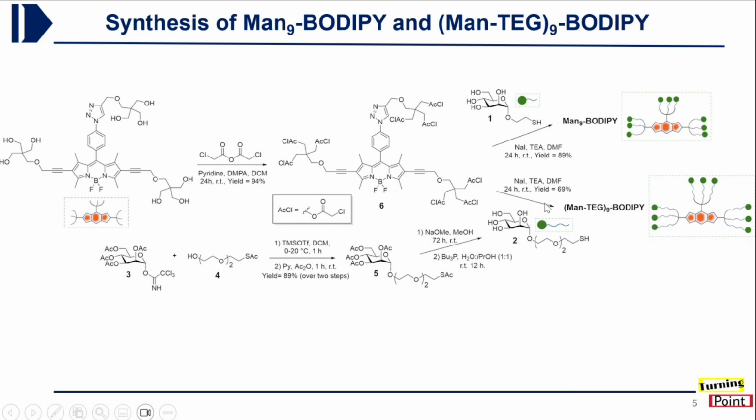To break that bond, they used this second step, and they got compound 2. Finally, under the same conditions as in the previous case, they got compound 9, man tetraethylene glycol BODIPY. Now this was the synthesis.